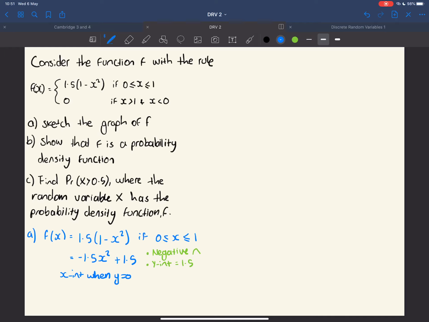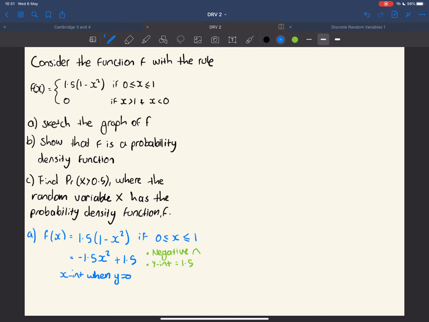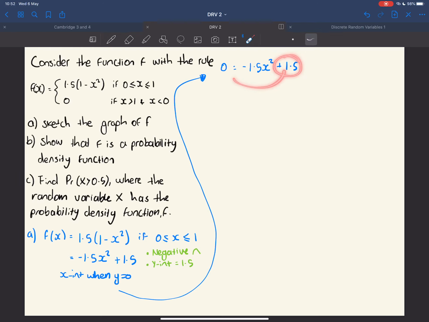I think I'm going to need more space now. So let's go up here. So 0 equals negative 1.5 x squared plus 1.5. Again, we're trying to find the x-intercepts. Next, we'll take across 1.5 by subtracting on both sides. So negative 1.5 equals negative 1.5 x squared.